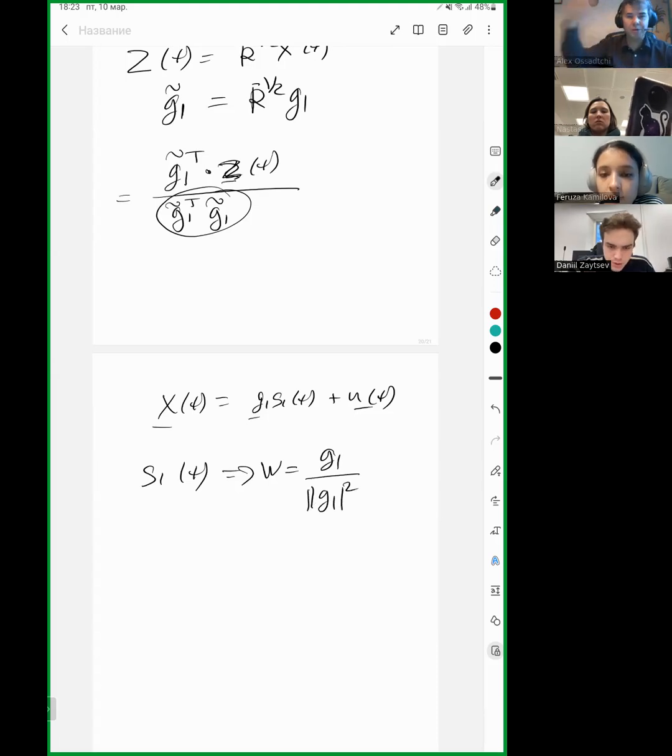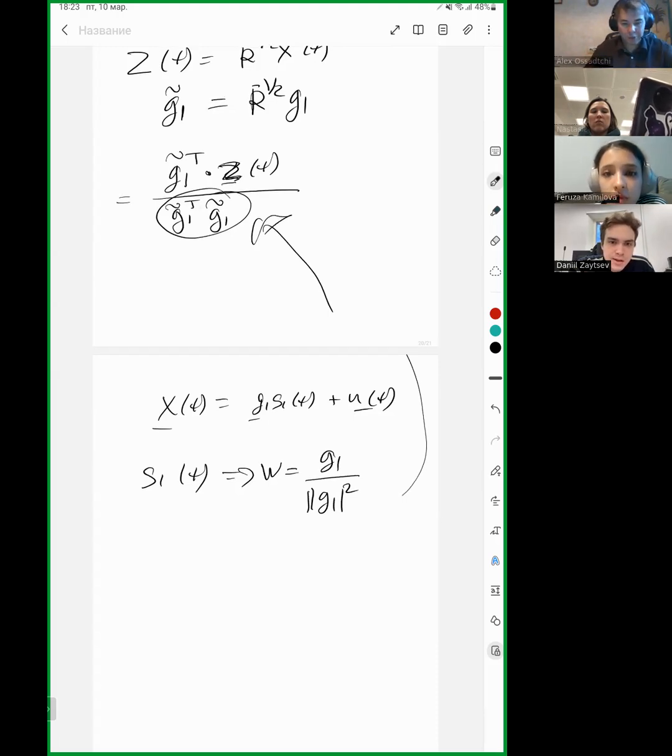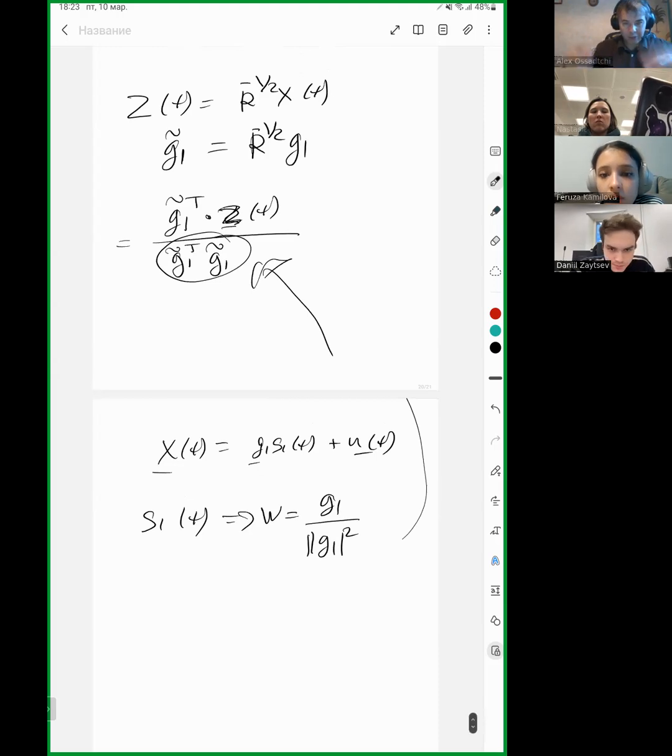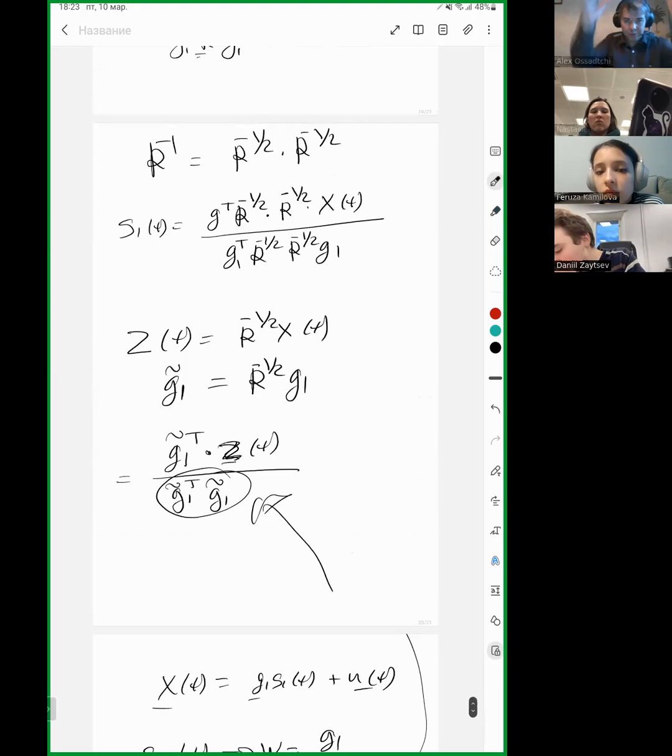Remember when we were minimizing these cosines? But isn't it the same as this? It's exactly the same, right? It's just that this is in a transformed space, where we took into account the spatial covariance structure of this space.